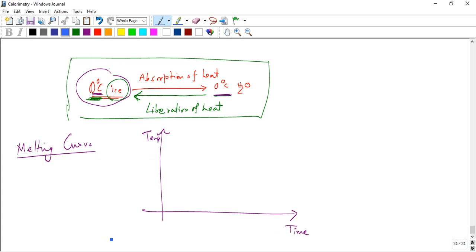Suppose zero. Okay, so temperature is constant. Temperature is constant in ice actually.